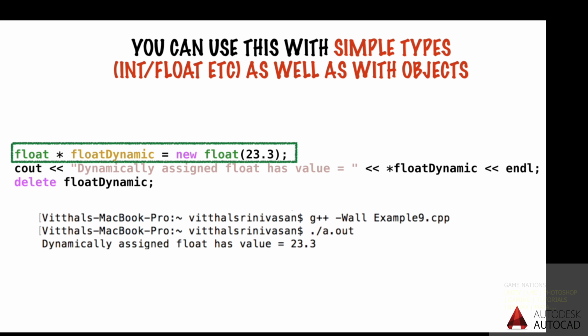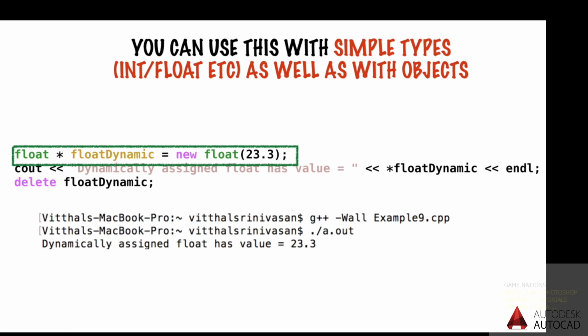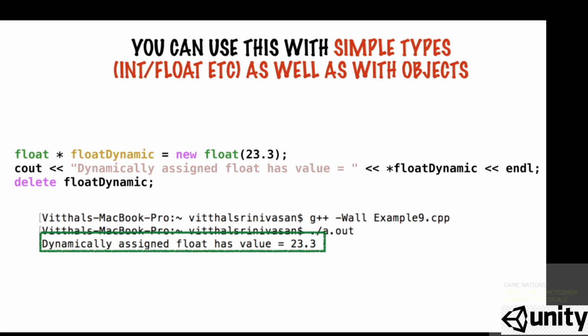If you take a look at the output when you run this piece of code, you'll notice that the float indeed has the value 23.3. You can see the output, dynamically assigned float has value 23.3. That's the cout statement which prints this to screen.